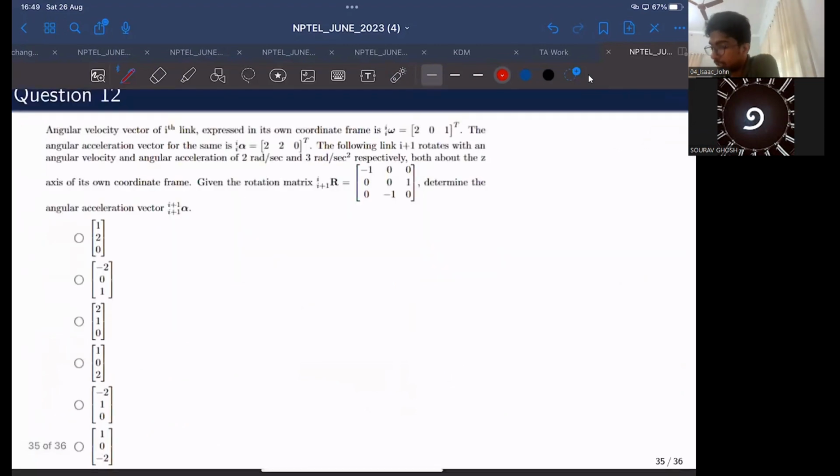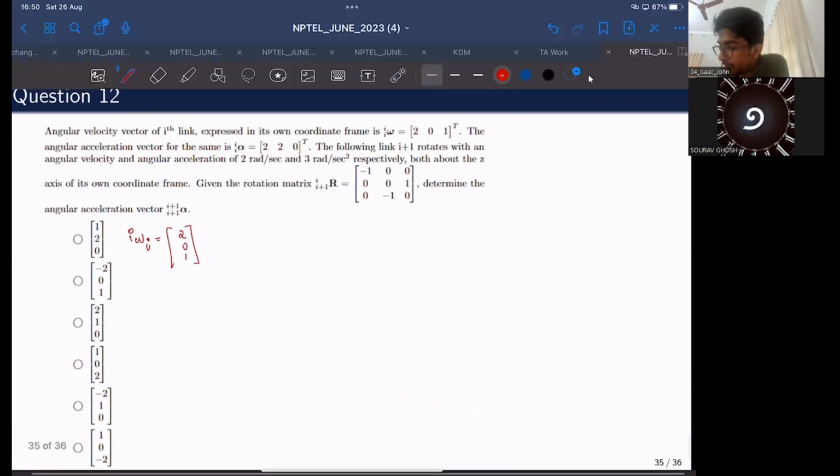It says the angular velocity of the ith link expressed in its own frame, I omega I, is 2, 0, 1. So we'll write these terms. Moving on, it says the angular acceleration vector of the same is 2, 2, 0.